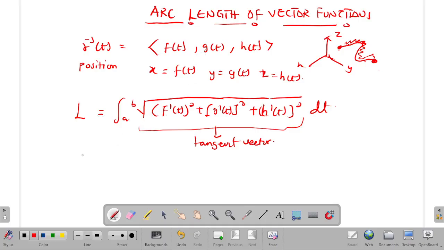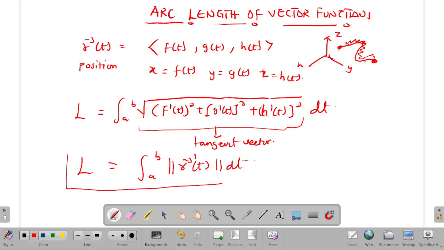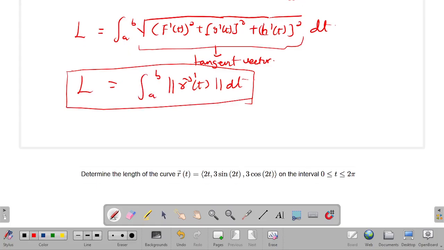So arc length can simply be written as L is equal to the integral from a to b of the length of our tangent vector, the magnitude of r prime of t, dt. As simple as that. Once you have this done, let's solve a problem so that you see how arc length is truly found using vector functions.